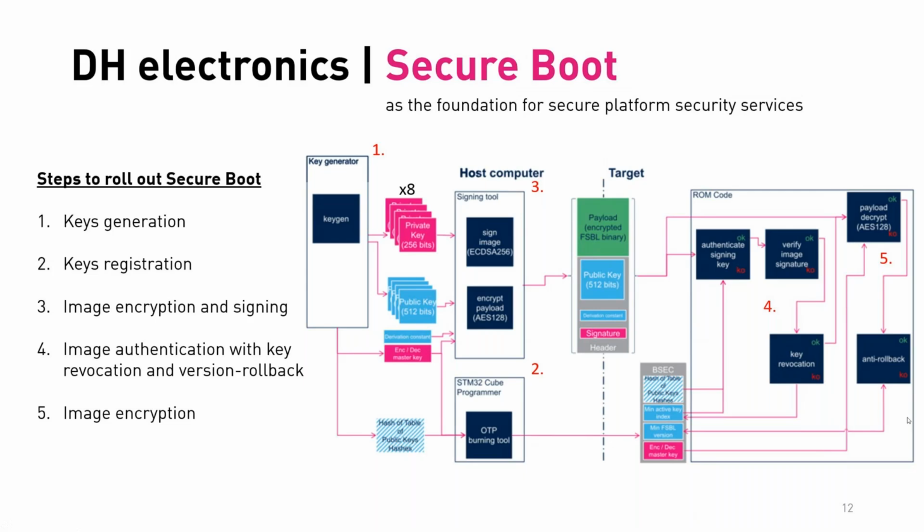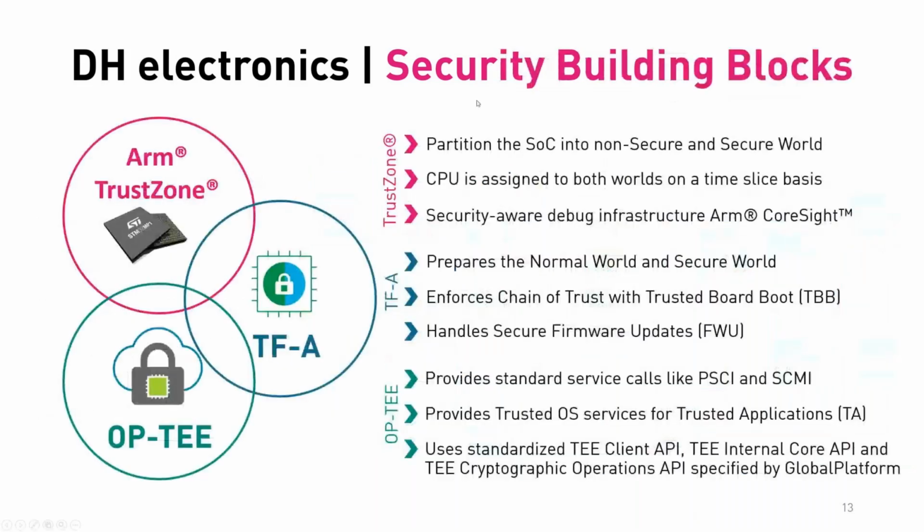Next slide, please. So the security building blocks for platform security services are mostly the hardware extension Arm TrustZone. And on top of this, after the ROM code initializes the hardware, it loads the trusted firmware A, TF-A in short.